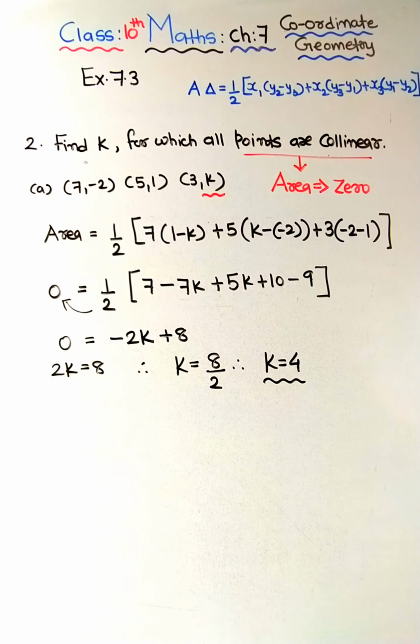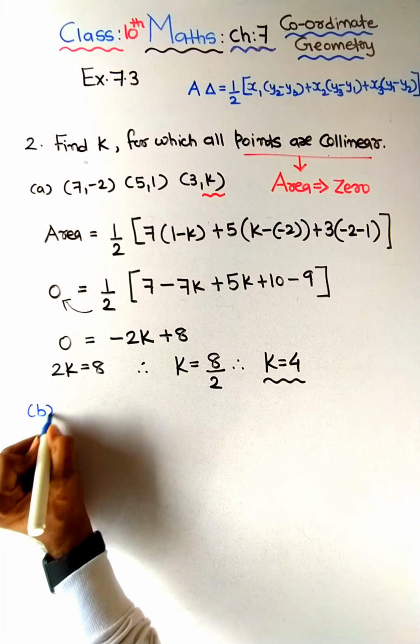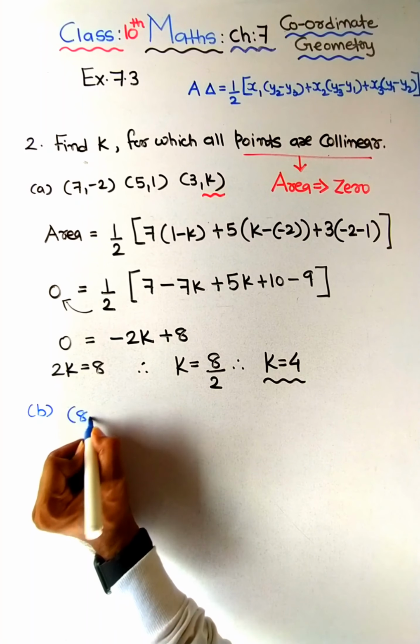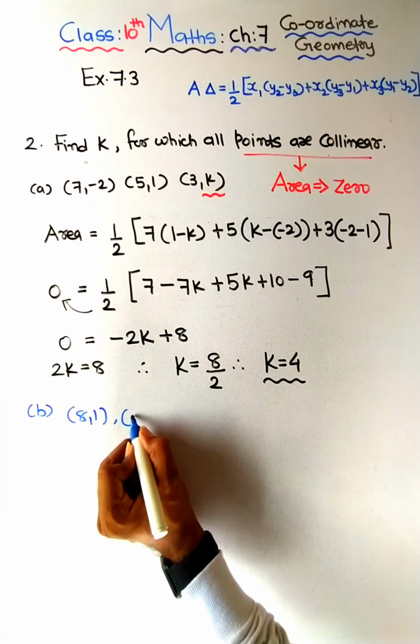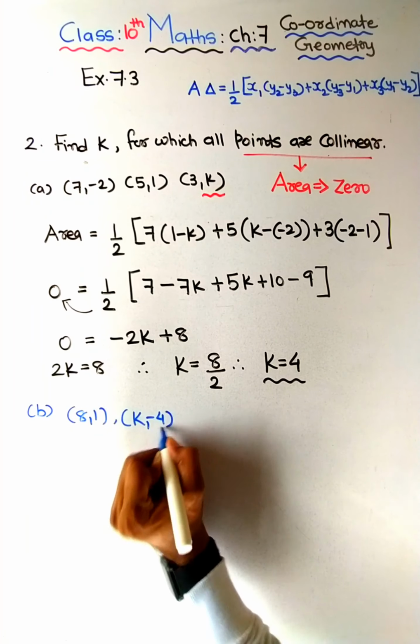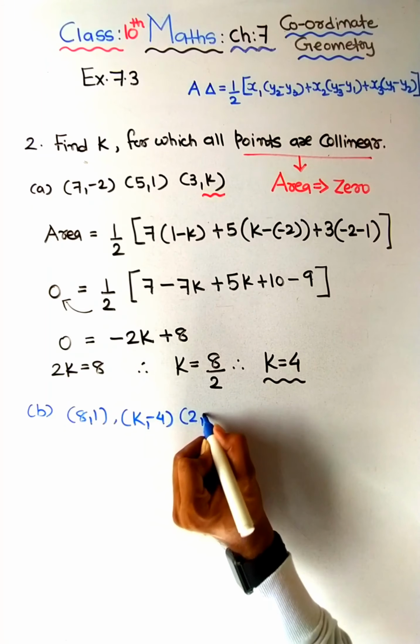Clear? Now moving on to the similar question, that is in part B, we will see these points are 8, 1, k, minus 4 and 2, minus 5.